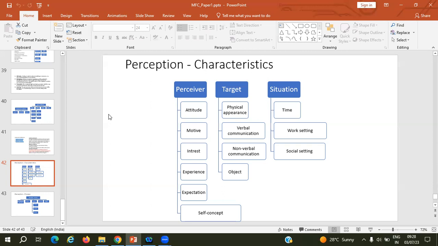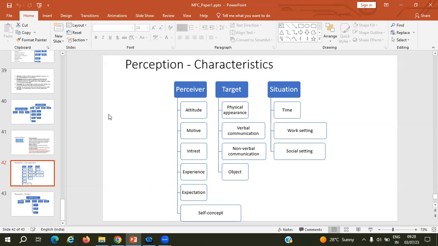Another point I have written is self-concept. It depends on how a person is thinking, behaving, and internally how a person is. Suppose you are a very good person with a good attitude, so you will definitely think good about anything.